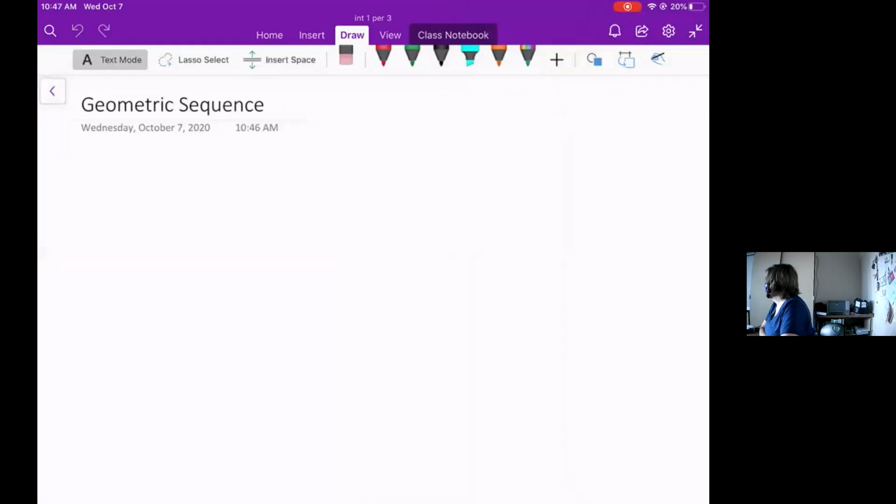And let's talk about geometric sequences. First of all, you have to know what a sequence is, right? A sequence is just a pattern of numbers. It's a number pattern.